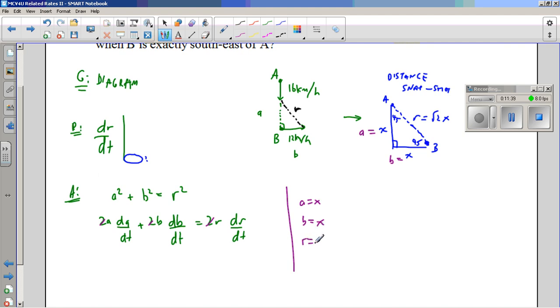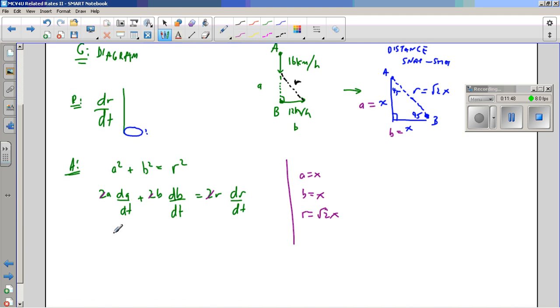And then I calculated the radius then is the square root of 2 times that distance. Whatever it happens to be, we weren't given in the question, but it turns out we don't really care because watch what happens.